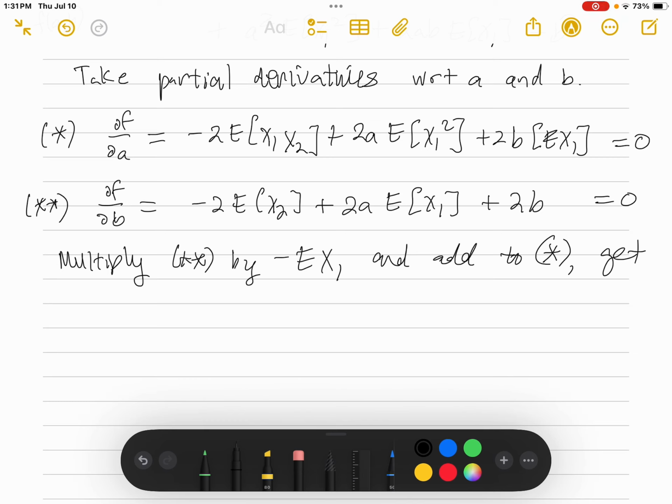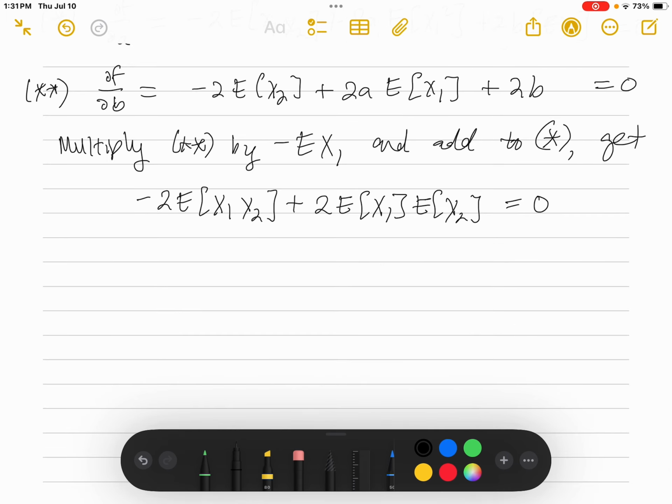Well, the middle terms are going to cancel. So you are going to get -2 expectation of x1, x2 plus 2 times the expectation of x1 times the expectation of x2. Oh, and then the other terms are going to cancel too. So it's not just the middle terms, it's also the last terms are going to cancel. So this is going to be 0.